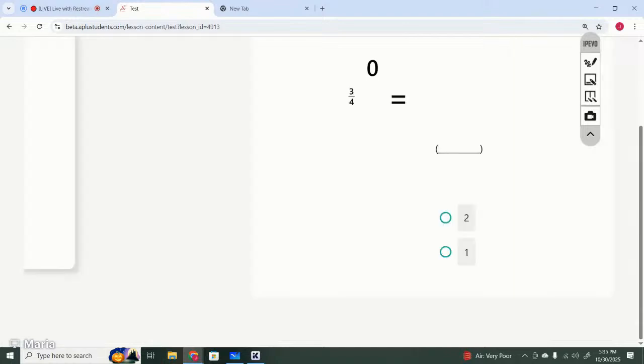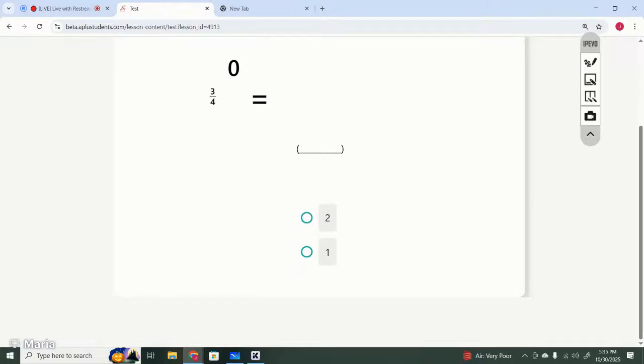Option number 2 is the correct option. 3 by 4 exponent 0. The correct option is 1. Option number 2 is the correct option.